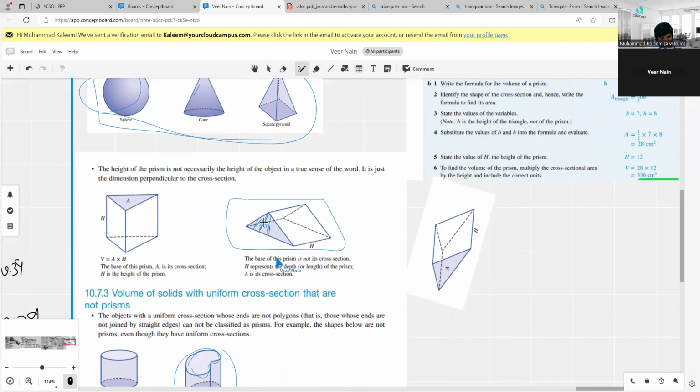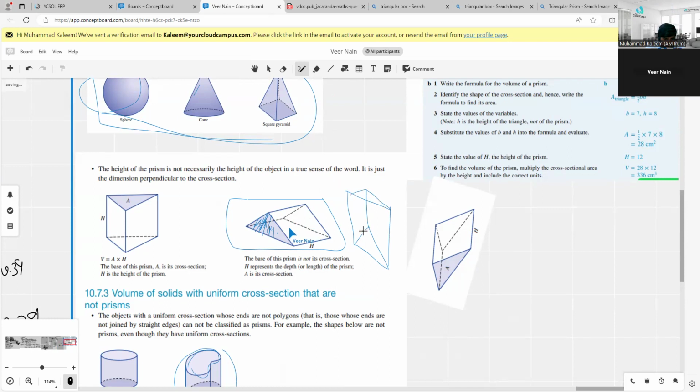It's not attached to the ground surface. So if you stand this one up on the ground, this one will be the base, and then it will look like a prism. Then its base will be like this, and we have this one as a height, and it will again be a prism.